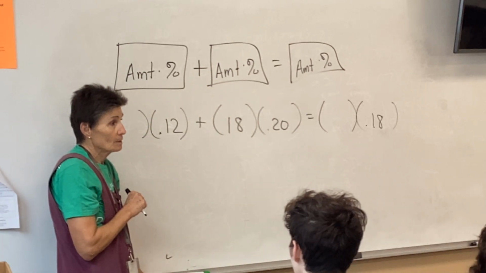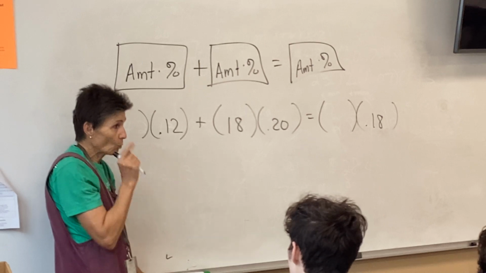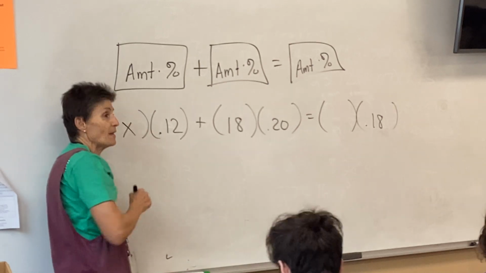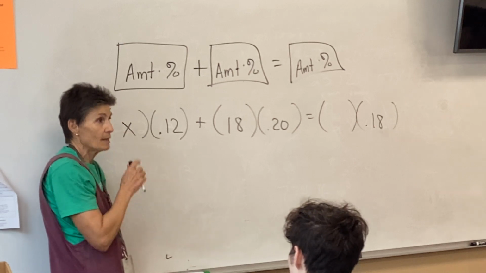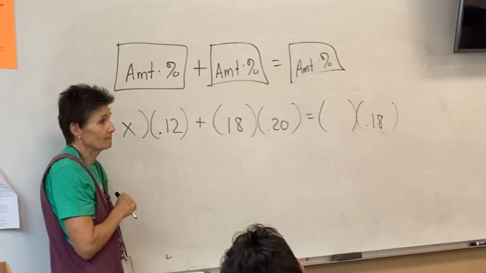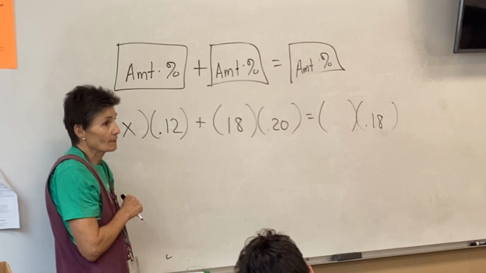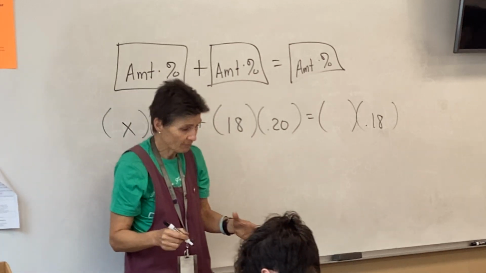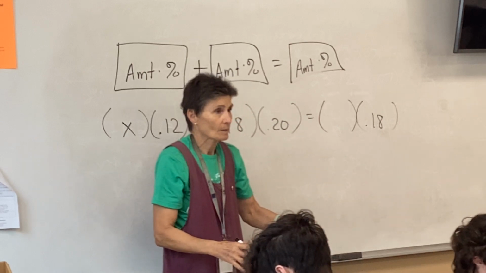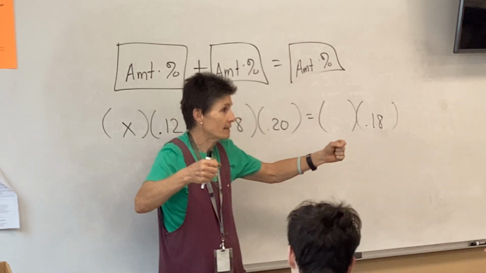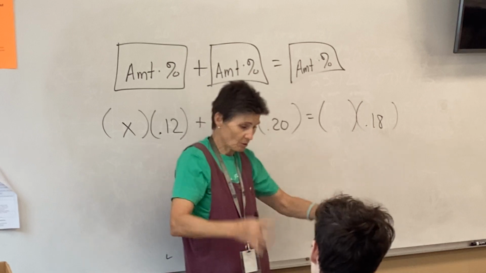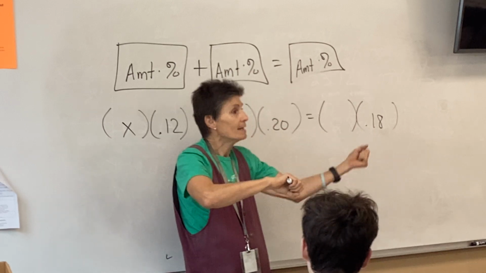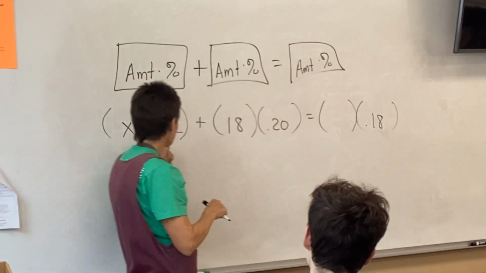Now, the question is, how much 12%? So what if I called that X? Does that make sense? How much 12%? Now, I want you to think for a second. Imagine I have a bucket right here, and I have 2 pitchers of lemonade, and I'm pouring in X gallons and 18 gallons. That's what's happening.